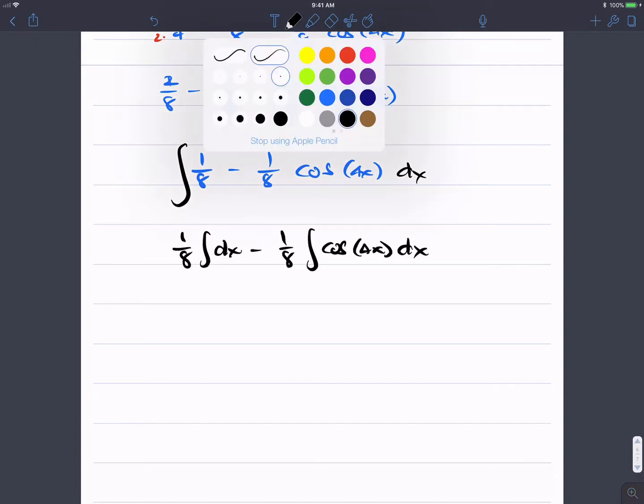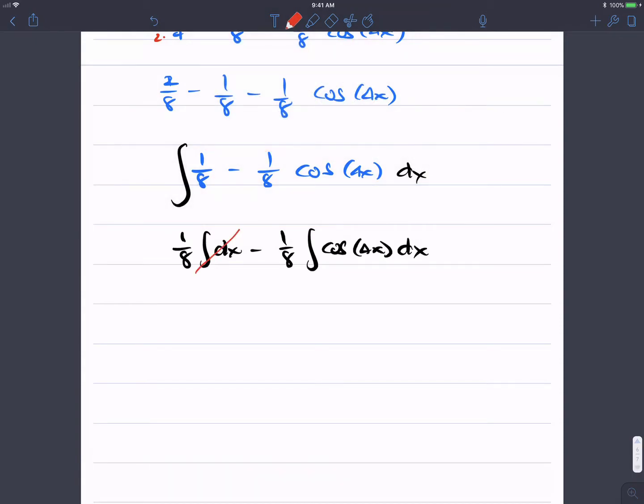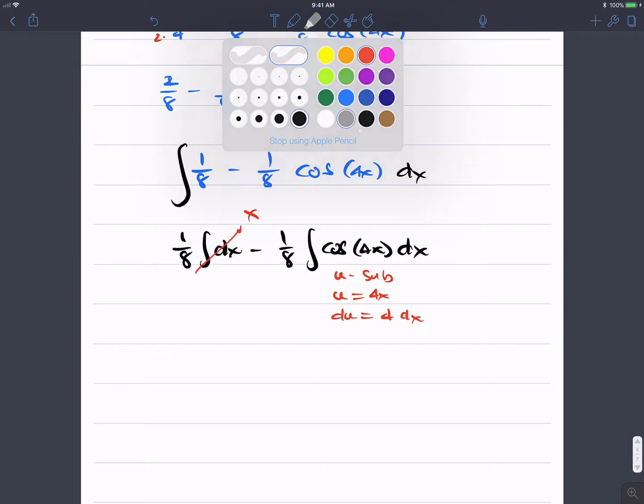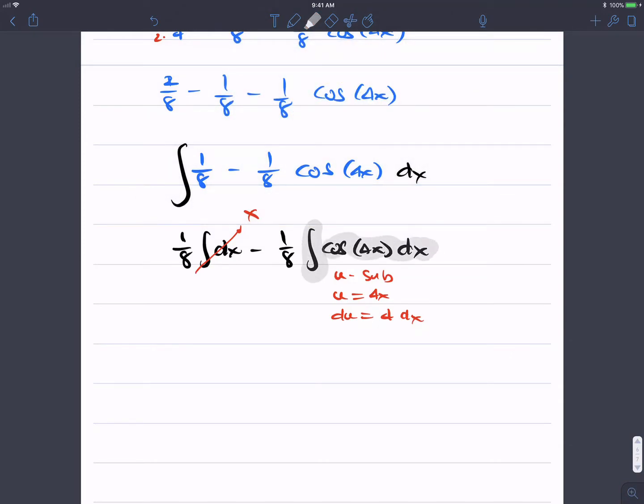So again, one of these integrals, or I should say both, are calculus 1-ish. u is going to be 4x because we're going to do u-sub for this integral. u is 4x, and again that means here that du is 4 dx. You can solve for dx. You could do u-sub. This is the integral here that we're going to need to integrate. That's the one you do by u-sub.